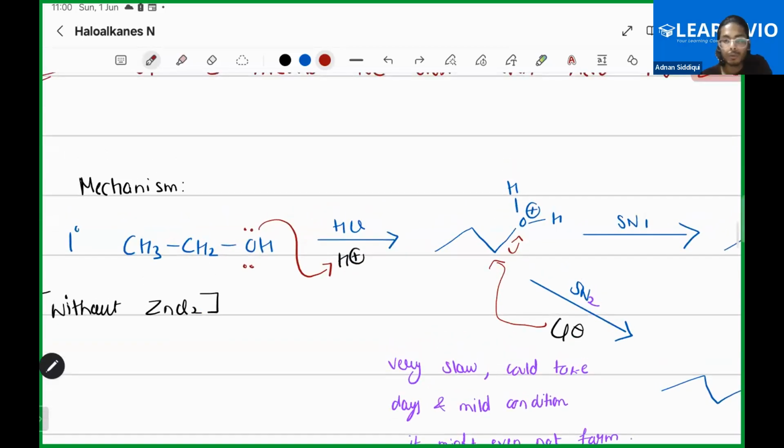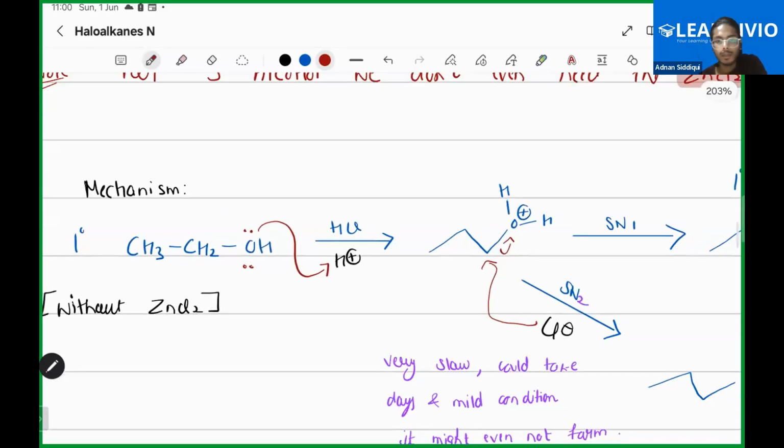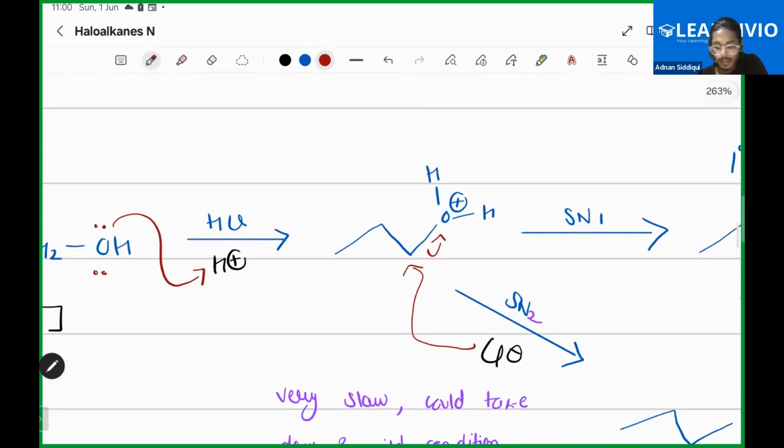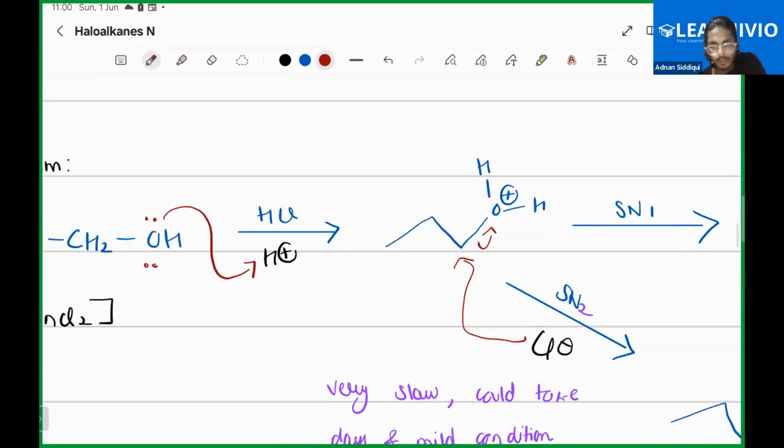One more thing, the arrow is always going to be from high density to low density. So the high density is this O lone pair and the low density is H positive. So the arrow is from lone pair to H positive. Due to its lone pair, it is picking up this H positive from the reaction and attaching it to itself.